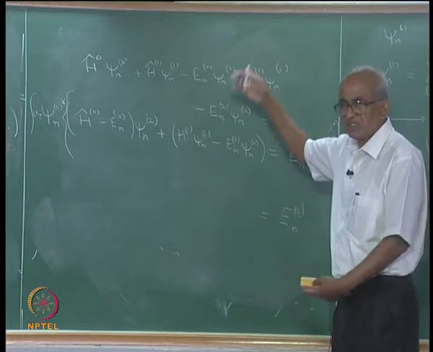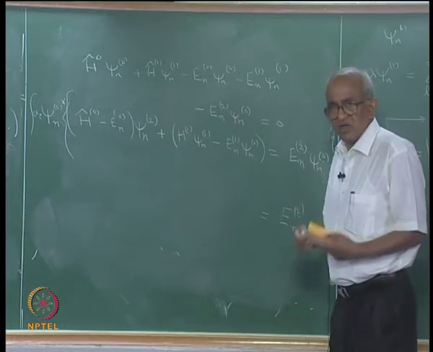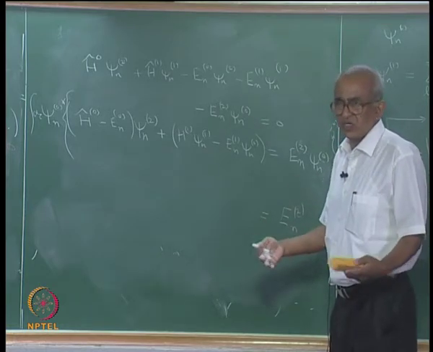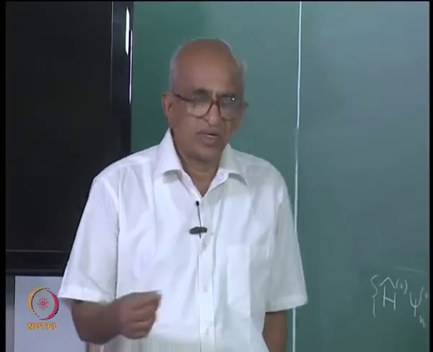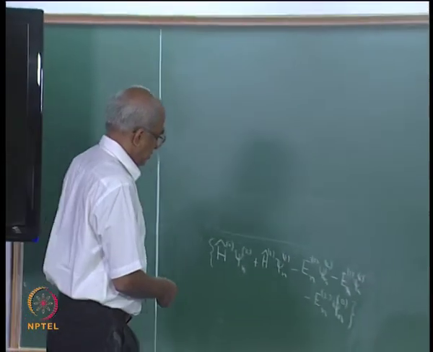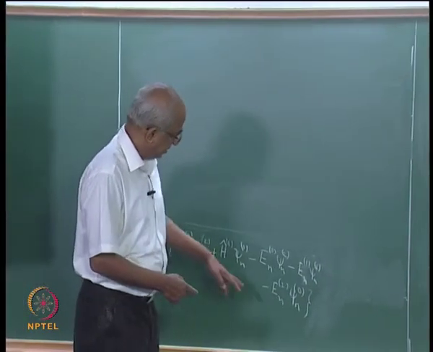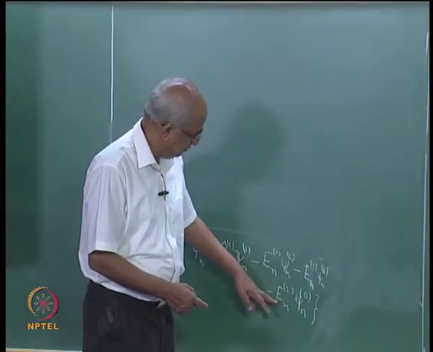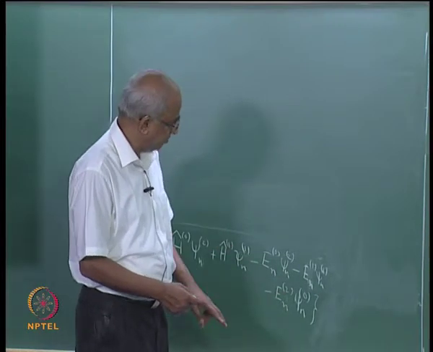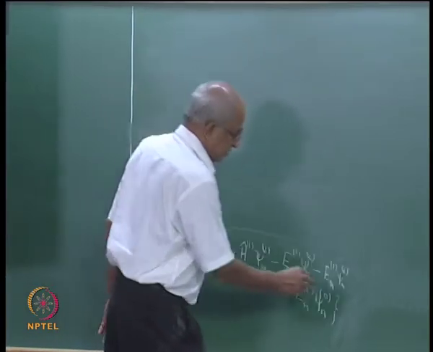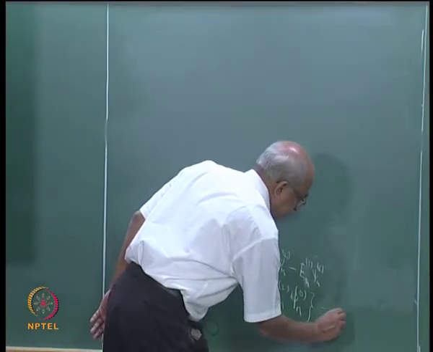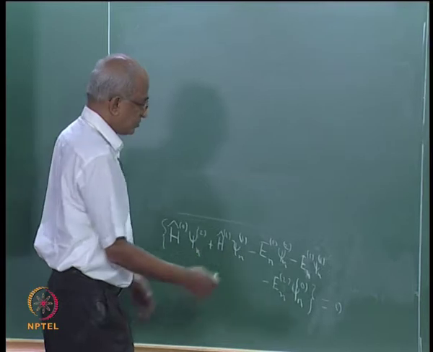Even though the equations appear quite complex, finally the answers that you get are very physically understandable and simple. So we want to determine the second order correction to the energy, En2, and this can be determined from this equation, which says that the sum of all these terms should be equal to 0.